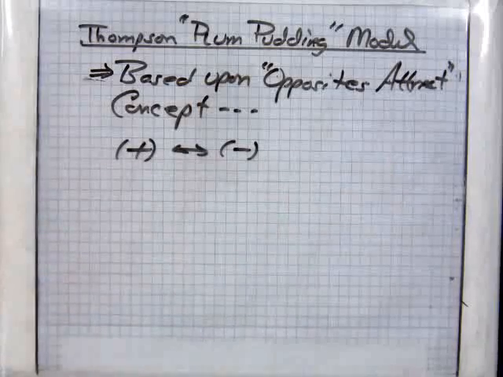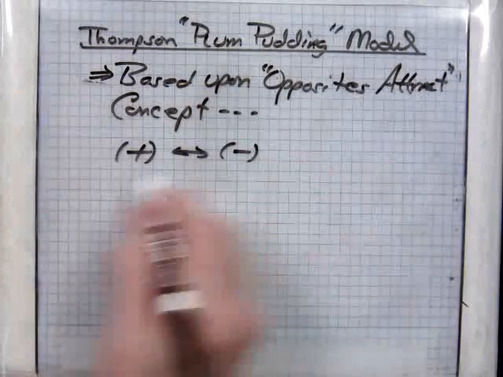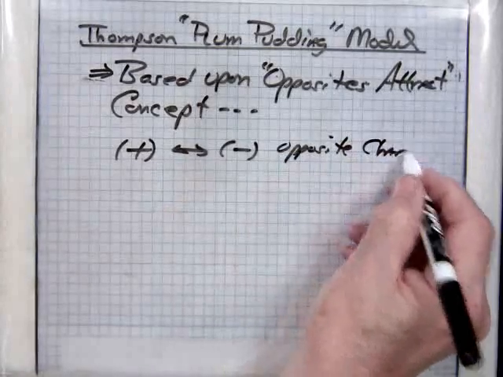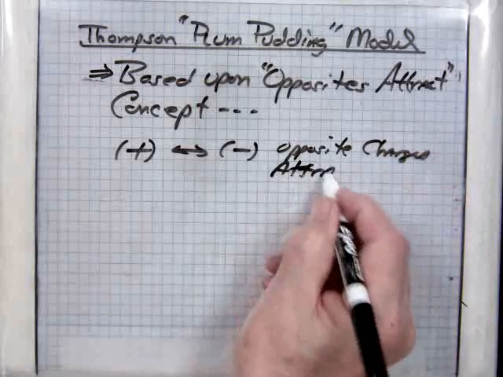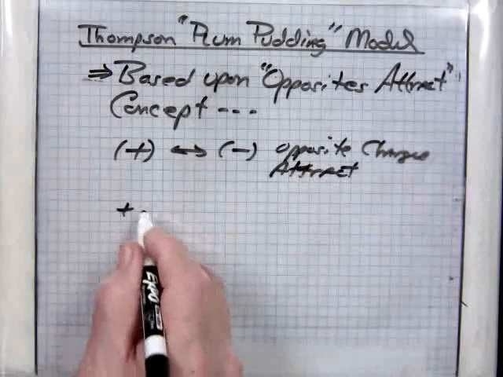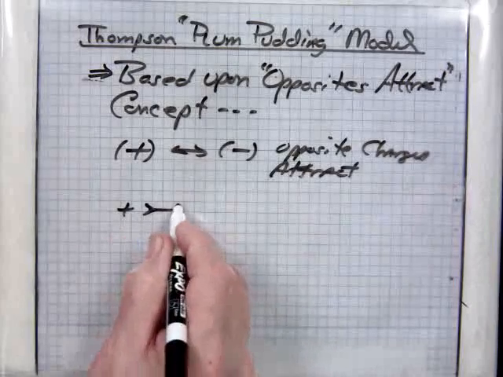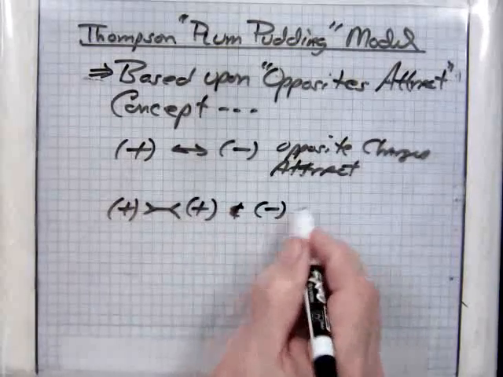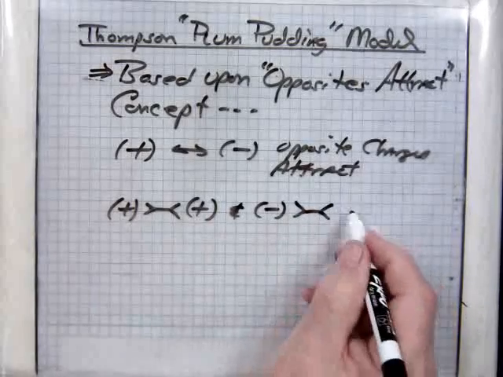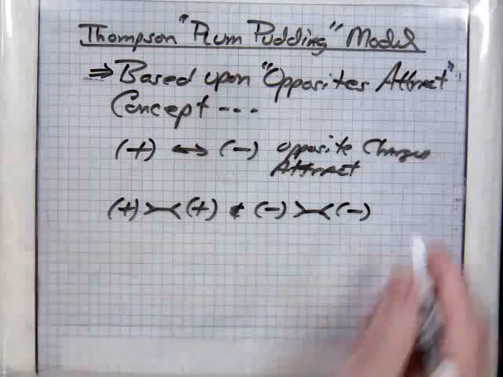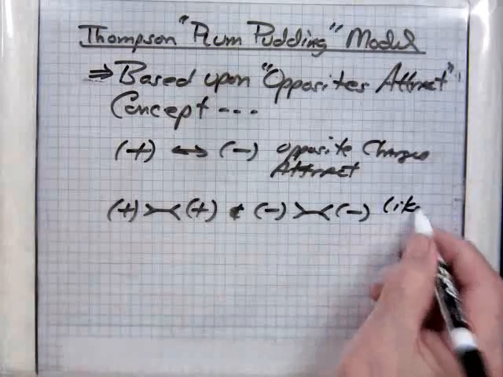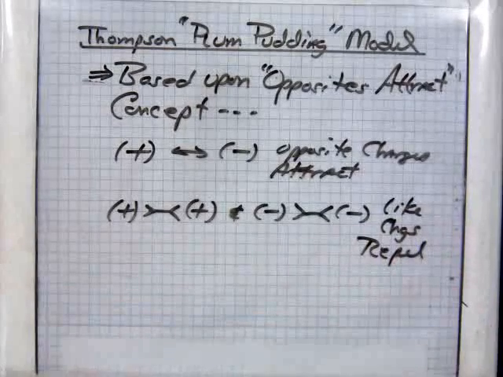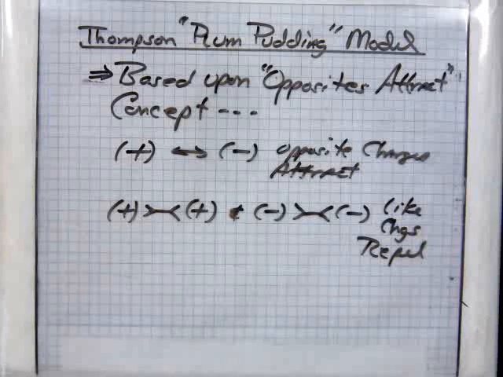And then like charges repel. That's the symbology for repulsion in some. Like charges simply repel, and they just kind of stay away from each other.